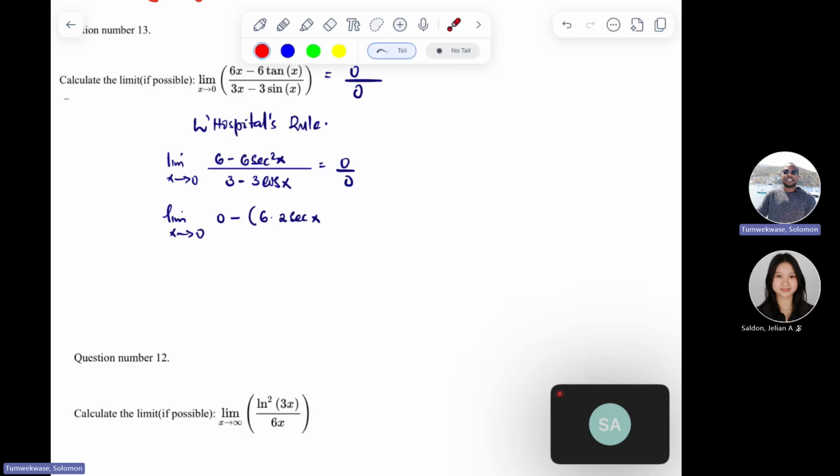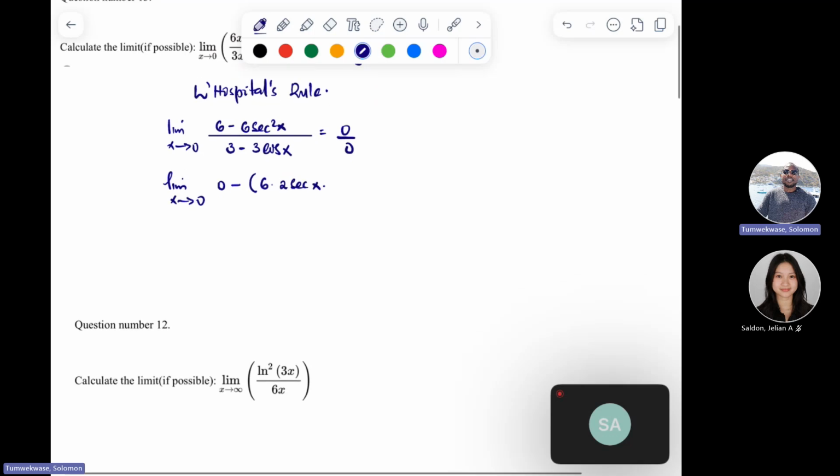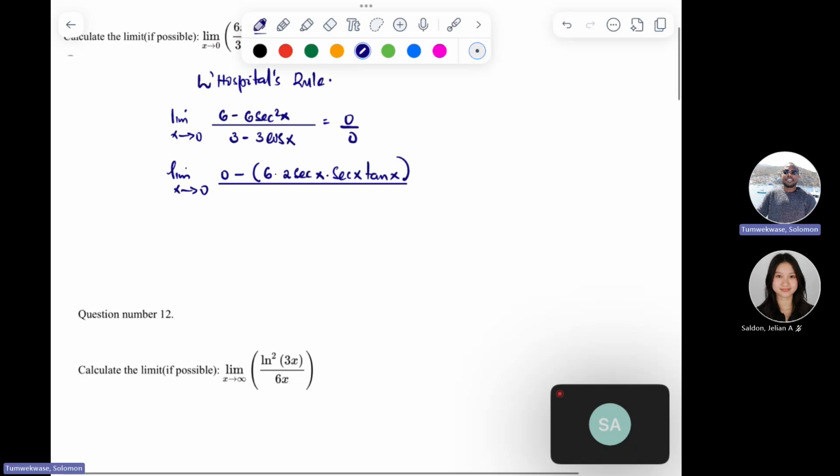I'm using chain rule, so the 2 drops, reduce the power by 1, I just remain with secant x, then times the derivative of secant x, which is secant x tangent x, then over the derivative of the denominator, that is 0 minus, when I differentiate cos x, I just get negative sine x.